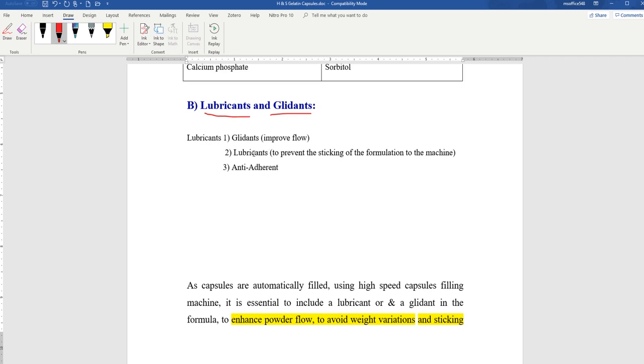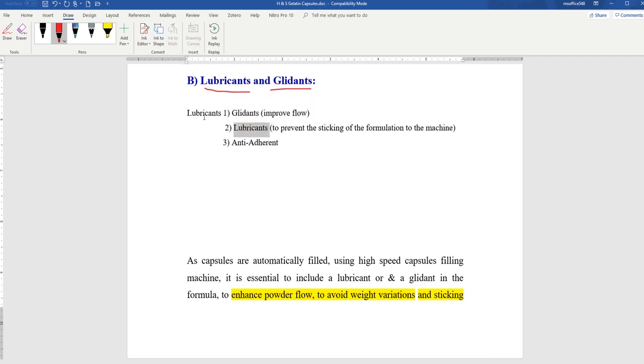The formulation needs to be good flowing and it should not stick to the machine parts. That's why we need glidants and we need lubricants. Now, do you know what lubricants are? Be careful with the term, because lubricants can be classified into glidants, lubricants, and anti-adherents. But when I say glidants and lubricant, I mean these 2 classes.